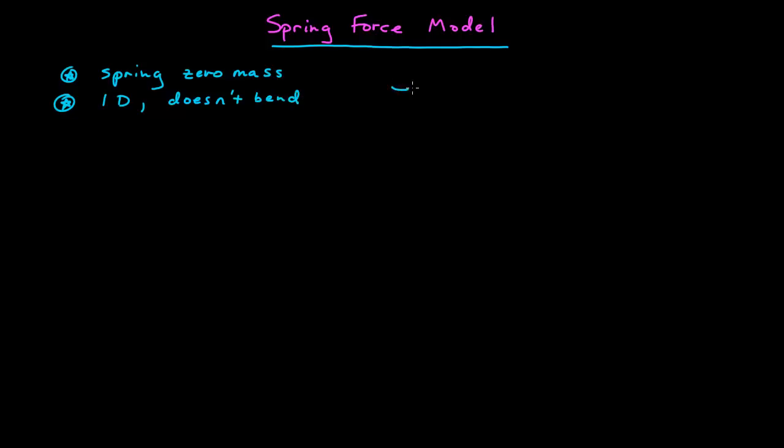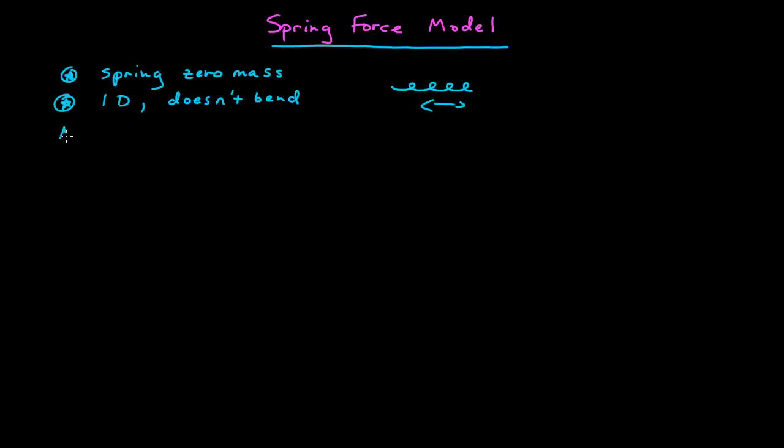So if I draw a spring here, it of course stretches and compresses, but what it doesn't do is bend that way or that way. It stays all in a one-dimensional orientation.